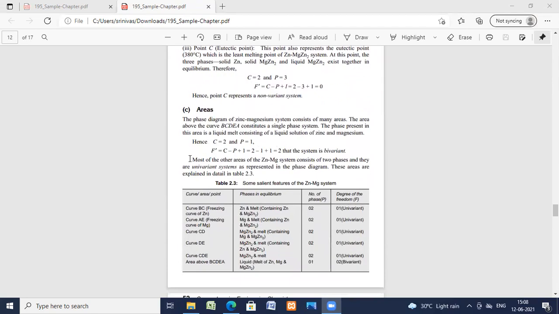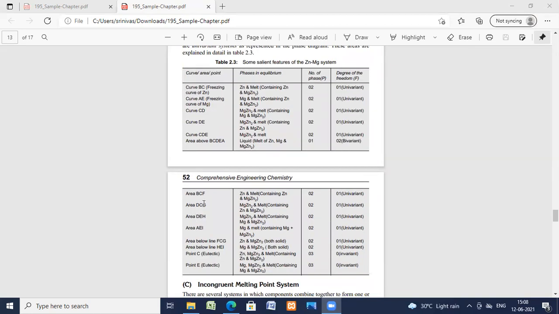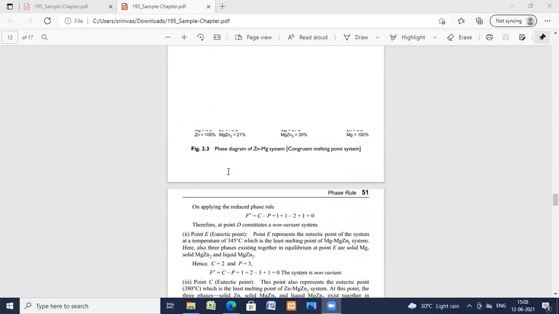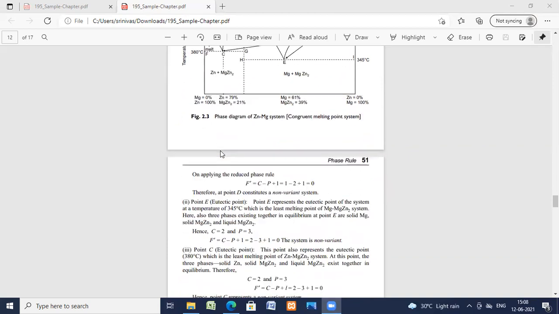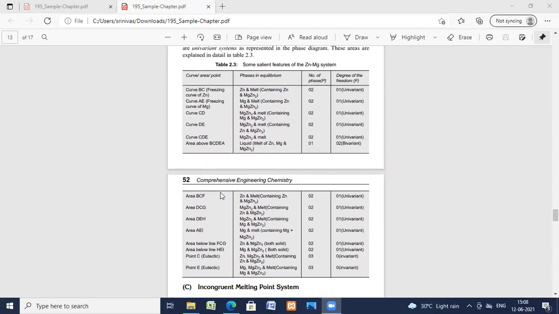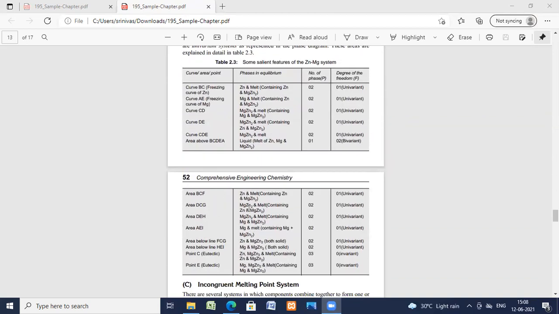Now, the next area, DCG. Under DCG, we are having MgZn2 plus melt.